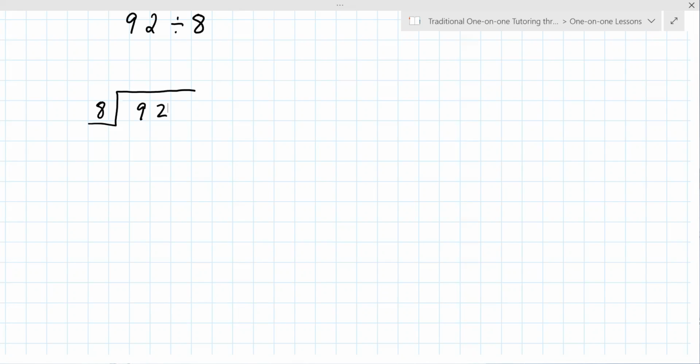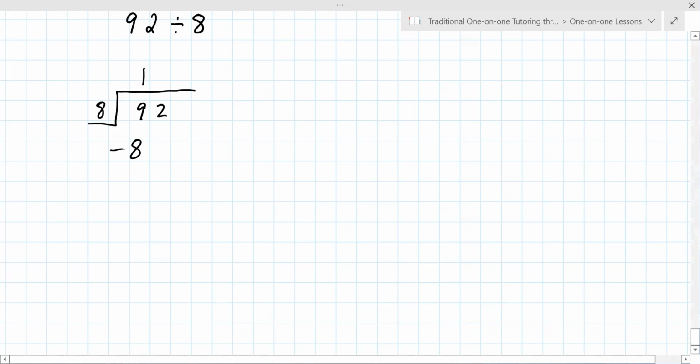Okay, so it's 1 times 8 is 8. And then you subtract, bring the 2 down. And then how many times does 8 go into 12?